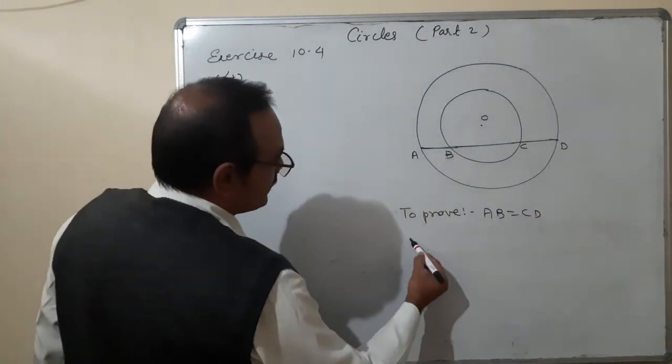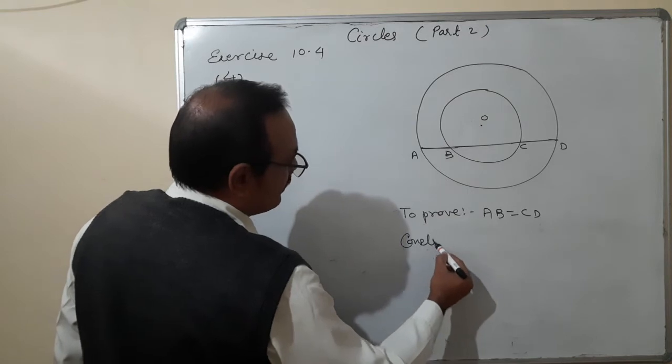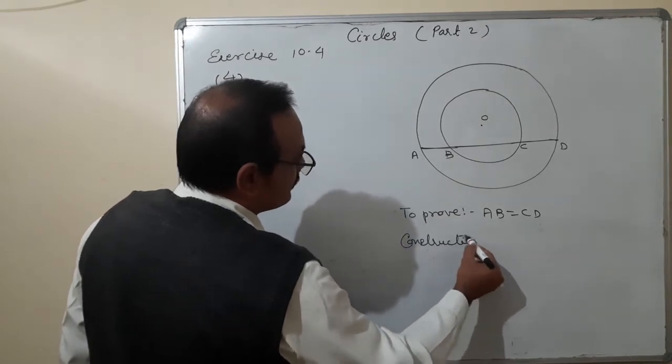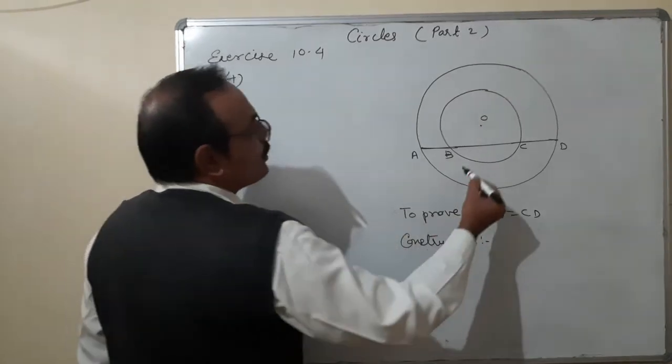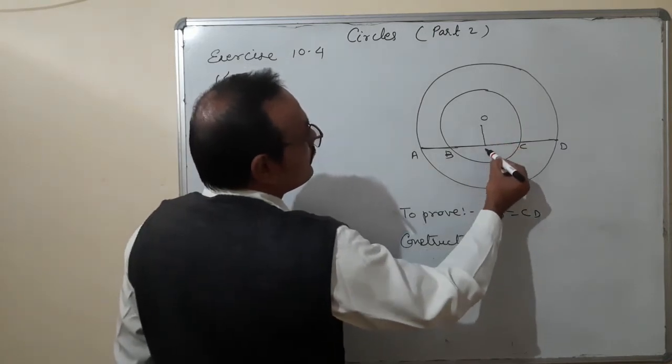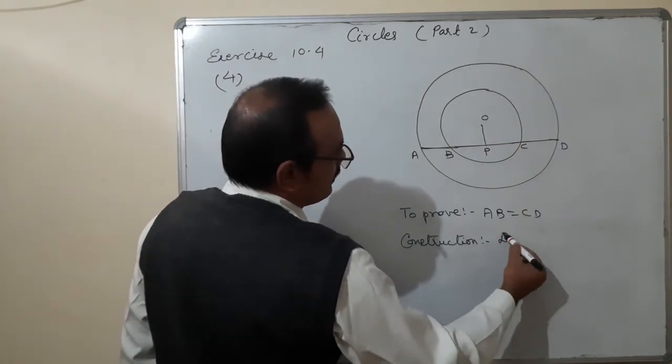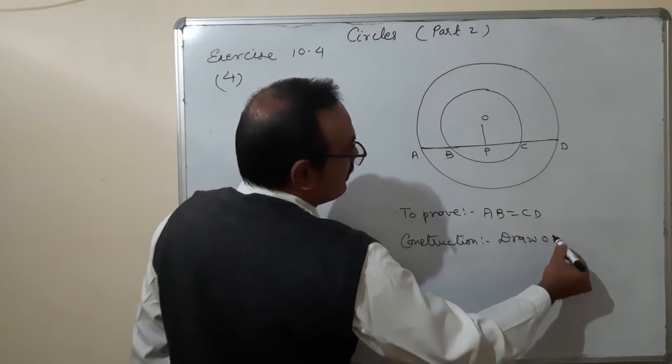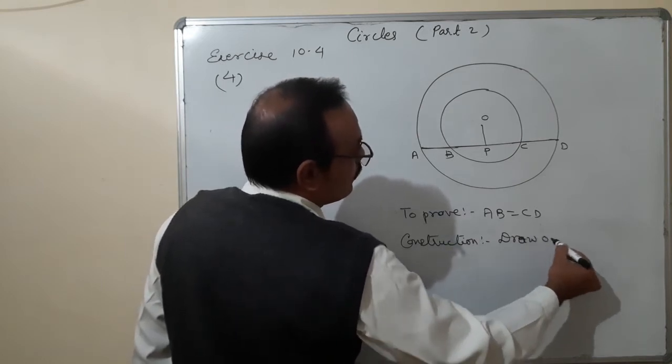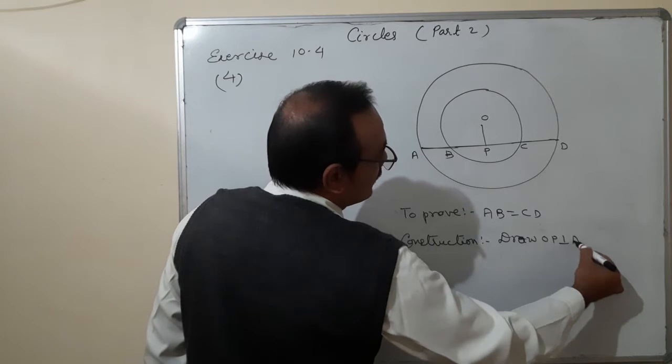Okay. Construction. In construction, what should I do? Through point O, draw one perpendicular OP. Draw OP perpendicular on AD.